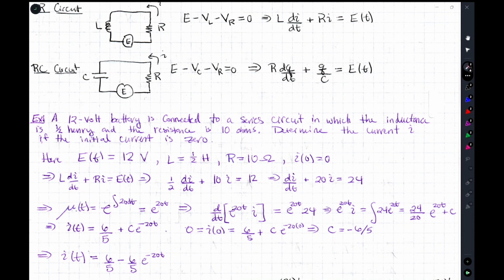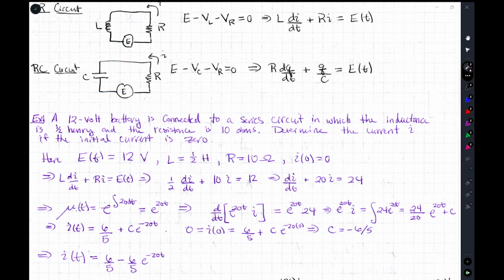So let's look at an example of an LR circuit. We have a 12-volt battery connected to a series circuit. We just focus here on series circuits. Series are these simple circuits, without going into physics, where they're all connected together. There's no splitting of the currents.